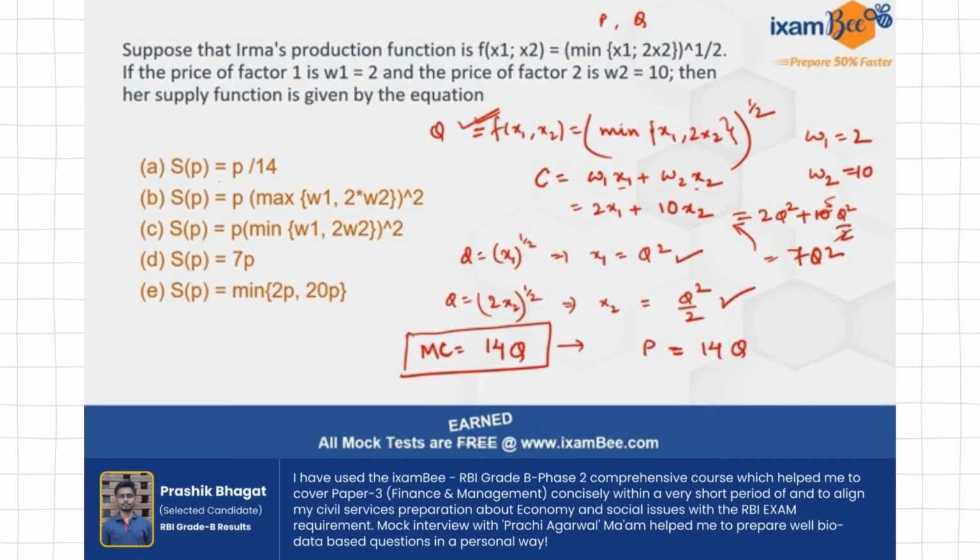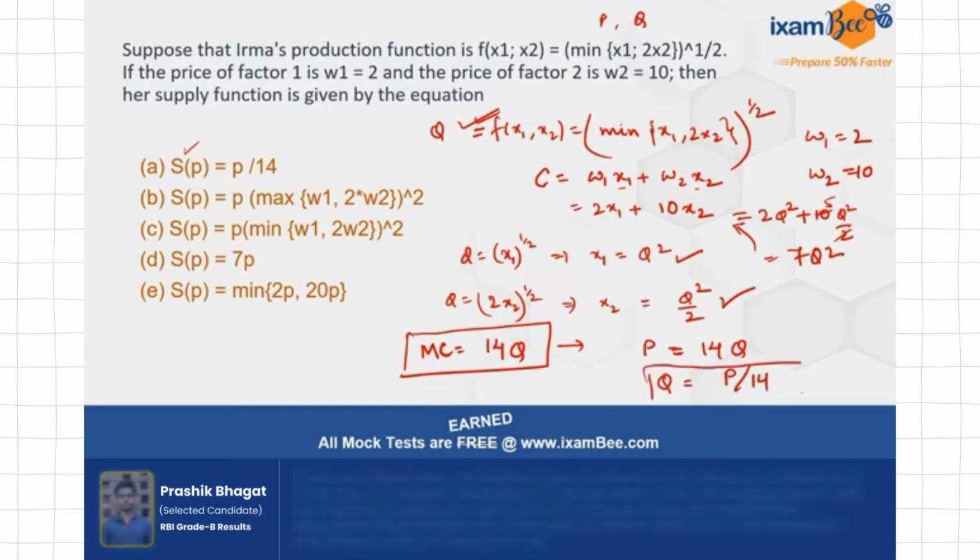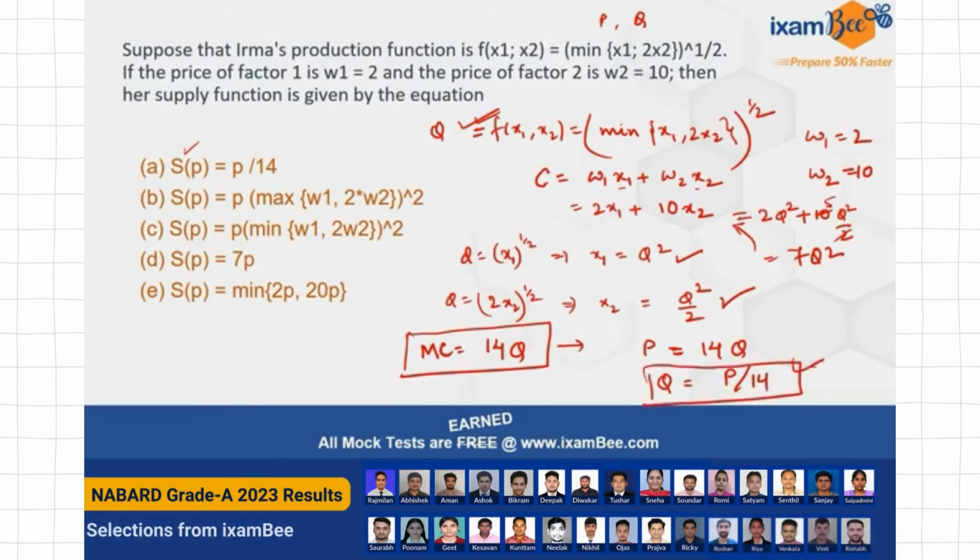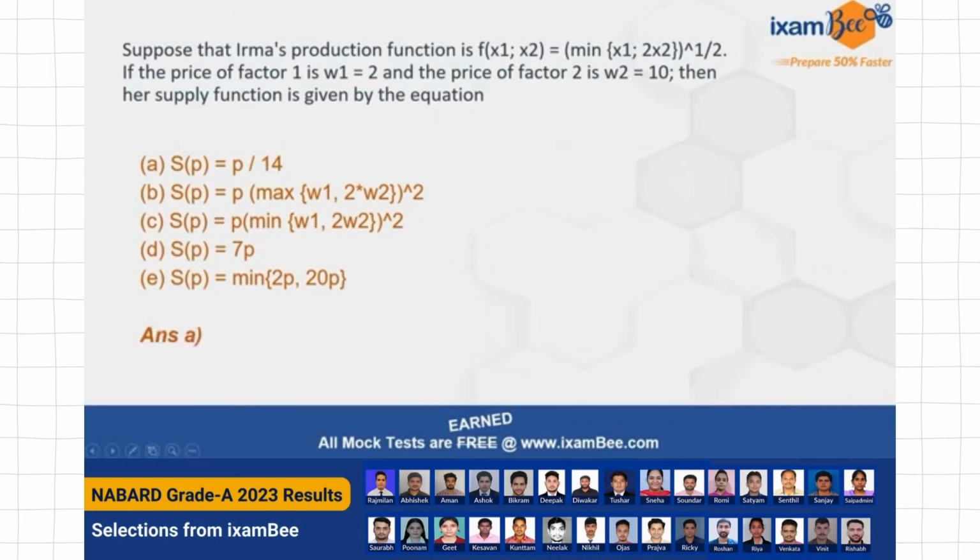Now in the options you are given everything with the output on the left hand side, S of P. So if I do that, I have Q equal to P by 14. This is my supply function. Easy, right? So the correct answer is option A.